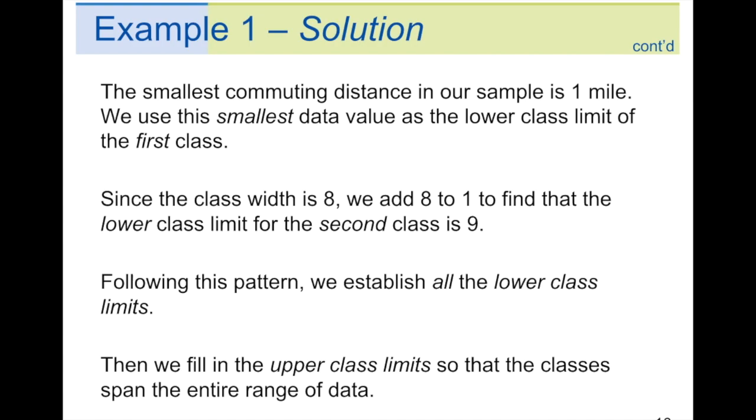We use the smallest data value as the lower class limit of the first class. Since the class width is 8, we add 8 to 1 to find that the lower class limit for the second class is 9. Following that pattern, we establish all the lower class limits. Then we fill in the upper class limits so that the classes span the entire range of the data.